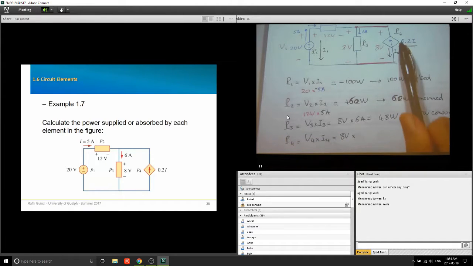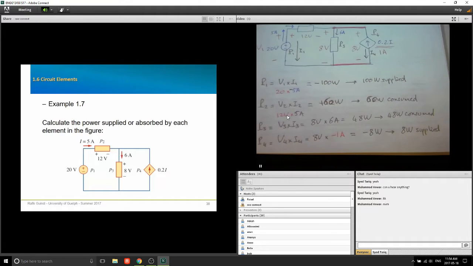There's a difference in direction, right? So I4 is not 1 amp, I4 is negative 1 amp. That's equal to negative 8 watts. Means I have 8 watts of supplied power.